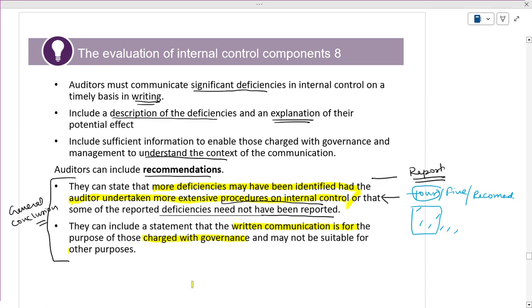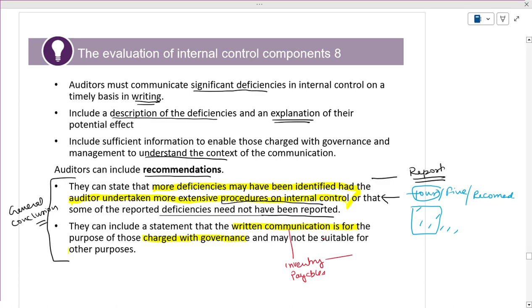We are asking for written communication for inventory, for payables. This is a very restricted written communication, not for overall other things. It is not suitable for other purposes.